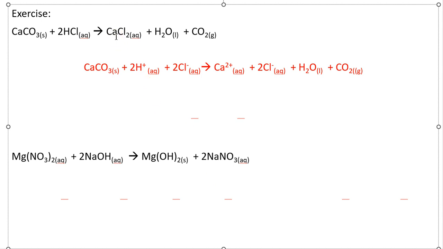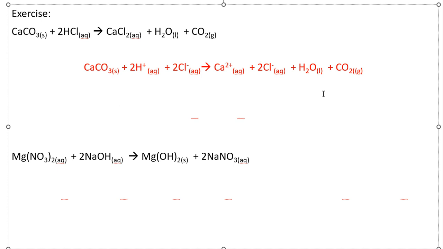On the right, Ca, and again, you could use the periodic table to show you that Ca is in group 2, 2 plus. 2 plus as an aqueous ion. Cl, Cl minus as an aqueous ion. H2O and CO2 not ionic.